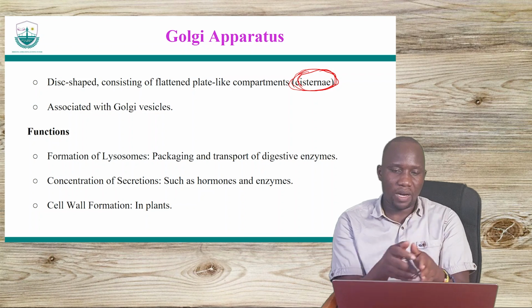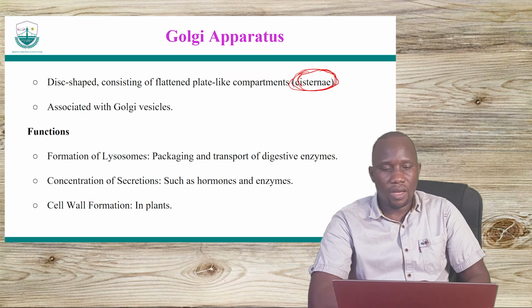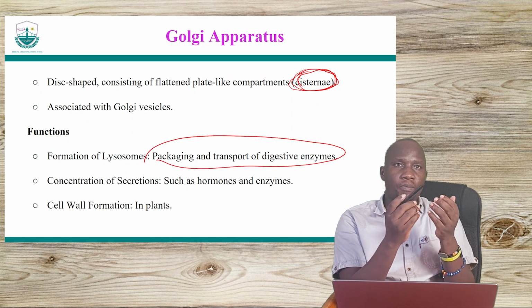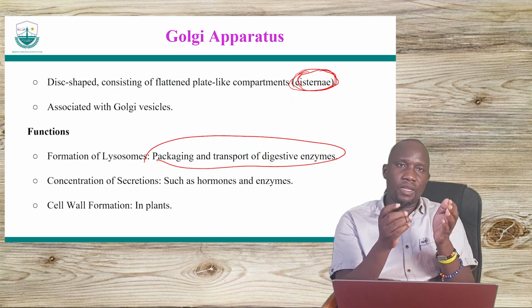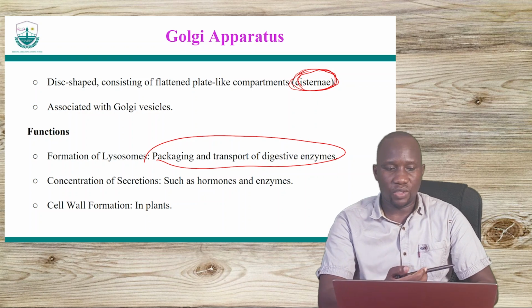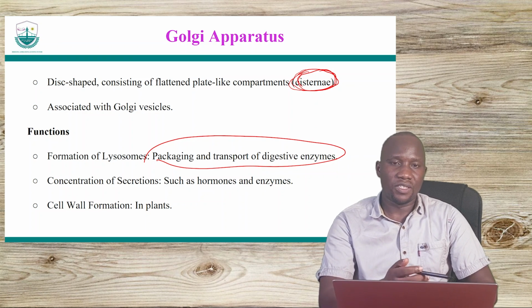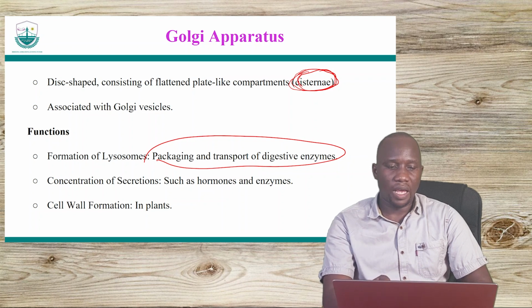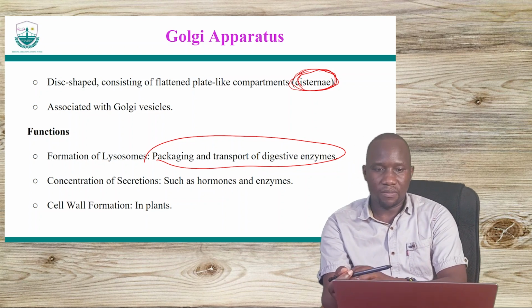They are also very important in the formation of lysosomes, because when they break off, they contain the digestive enzymes we have just talked about. So the Golgi apparatus is associated with secretion, such as hormones and enzymes, and also with cell wall formation, especially in plants.